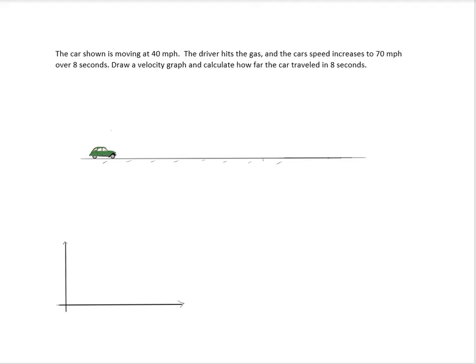As far as how we work this, it's basically the same way. First of all, let's get the units nice and consistent. The 40 miles per hour, we've already done that, and that came out to be 17 meters per second. Next is the 70 miles per hour.